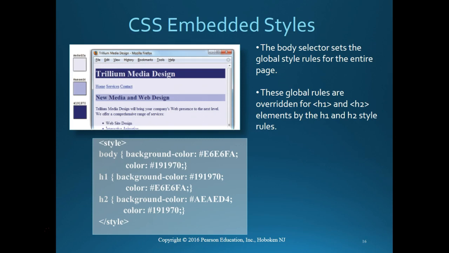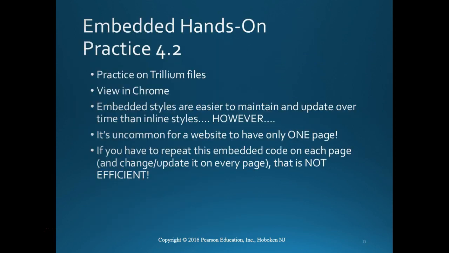Then, anything after that will override it. Except when you get to a heading 1, I want those to be on a yellow background. Except when you get to a heading 2, I don't want that baby blue background anymore, I want a dark blue background. So this is how you write your style. Body is the basic overall one, everything else overrides the body style.